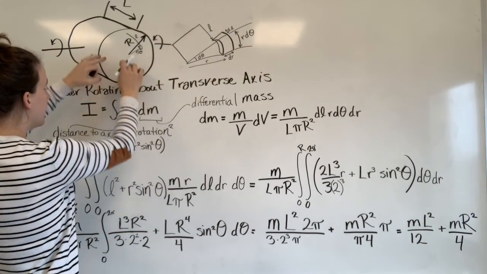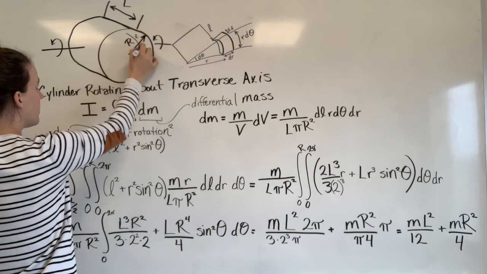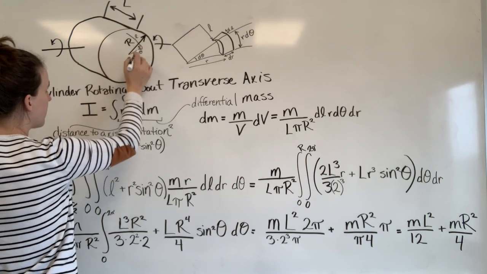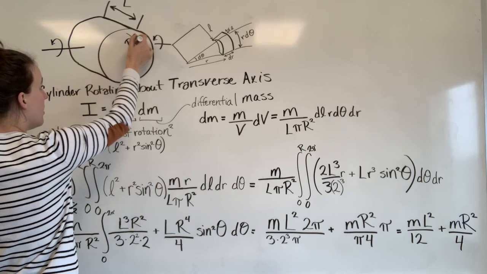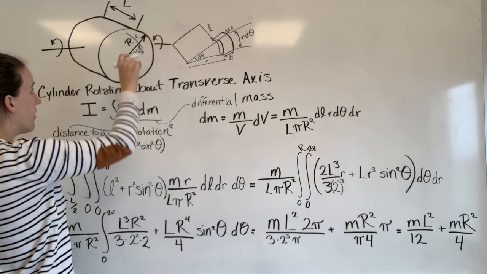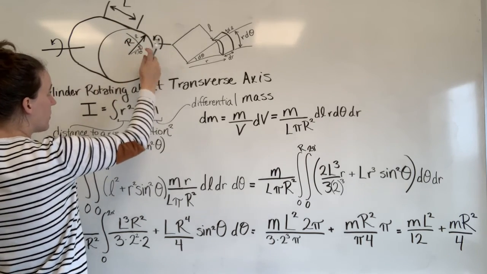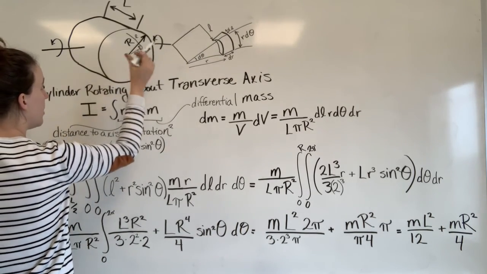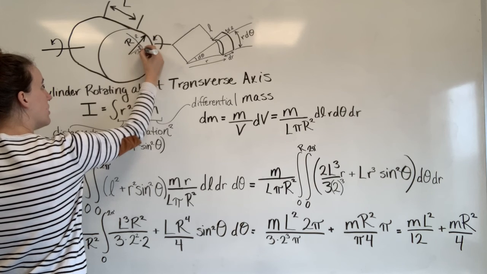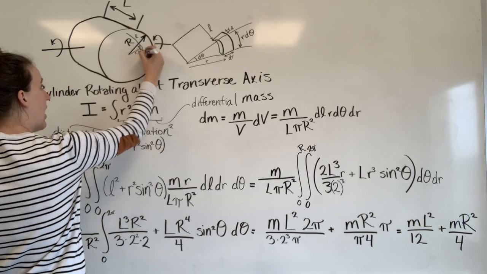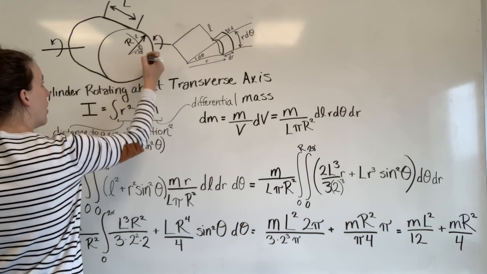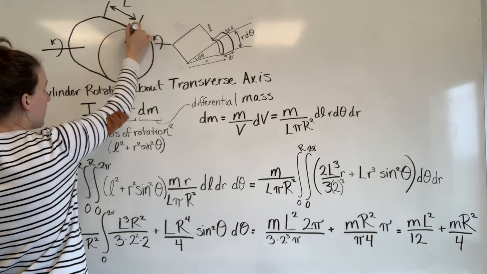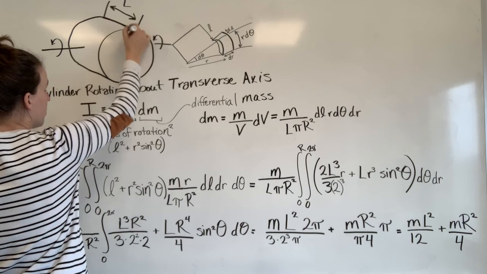The distance of this segment of mass from the axis is going to be this length L in one direction, and in the other direction, it's going to be in the x direction parallel to the axis. We don't care about that, but we do care about this direction here, right? How high is it away from this plane?